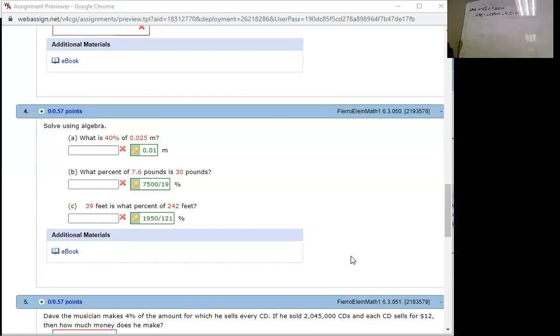And in part B, you have what percent of 7.6 pounds is 30 pounds.